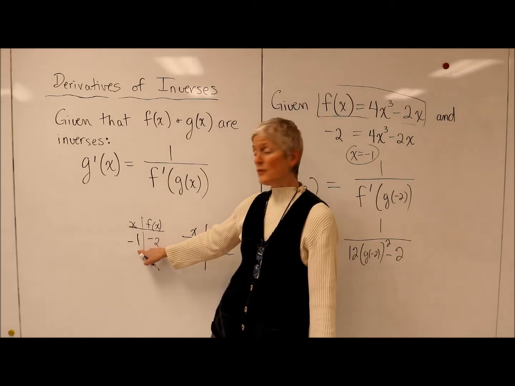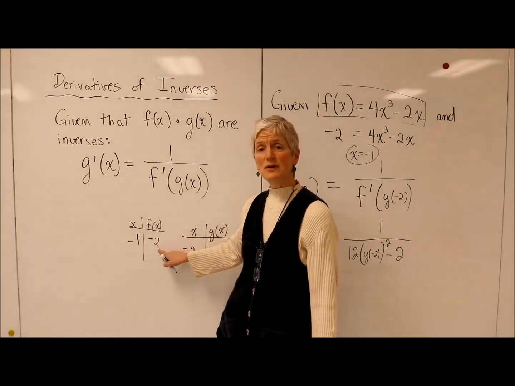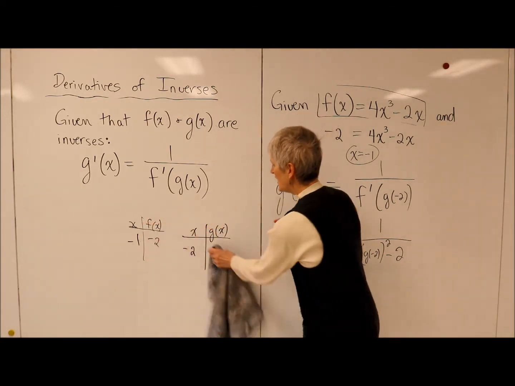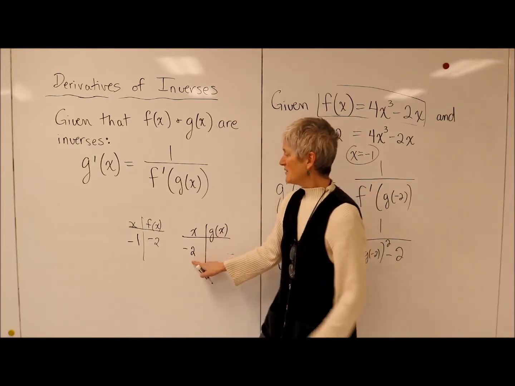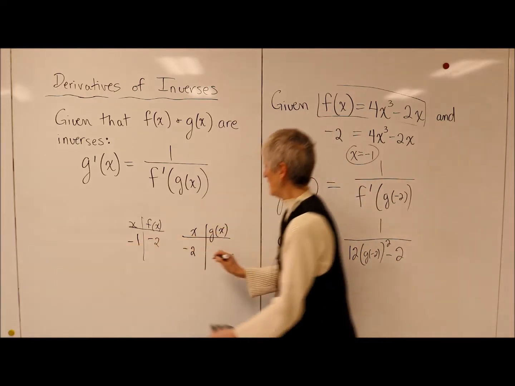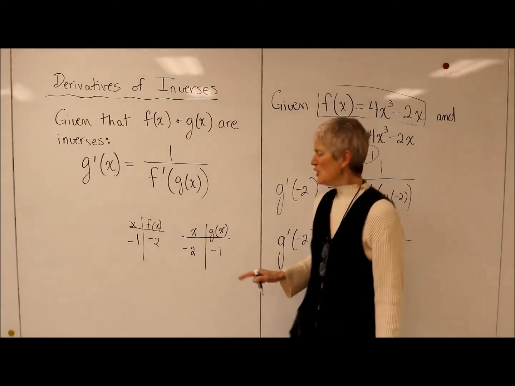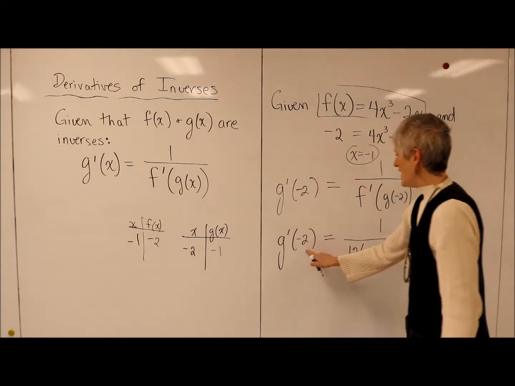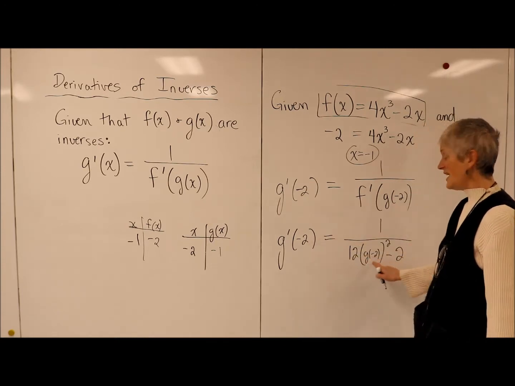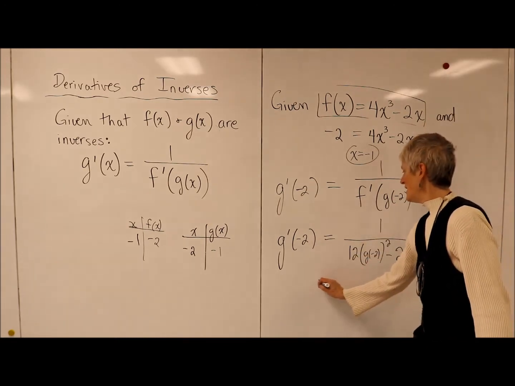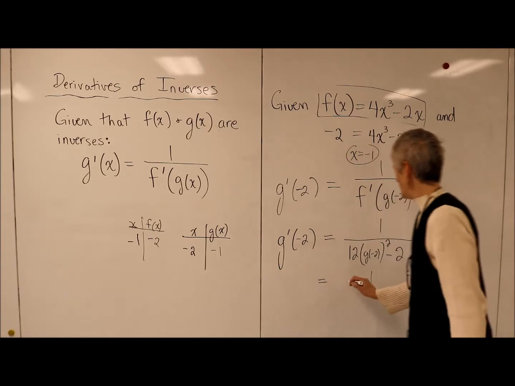Okay? So what that gave me is this information. When x is -1, f of x is -2. Since f and g are inverses, that means when x is -2, its y is -1. So g of -2 is going to be -1.